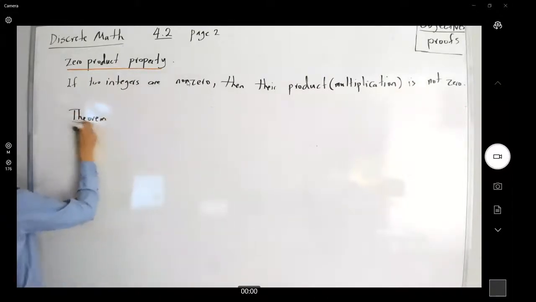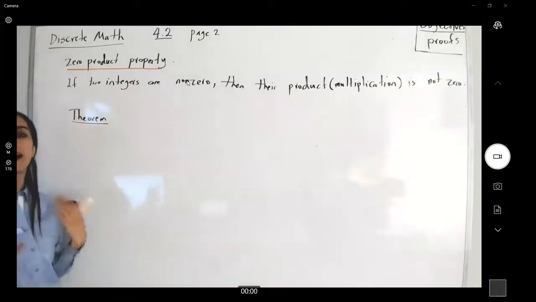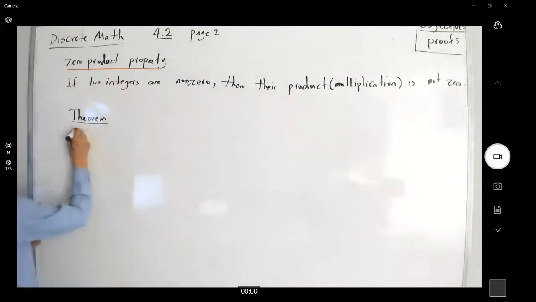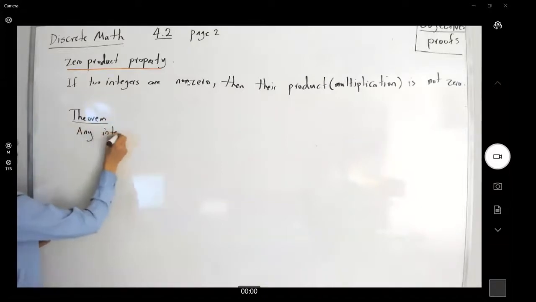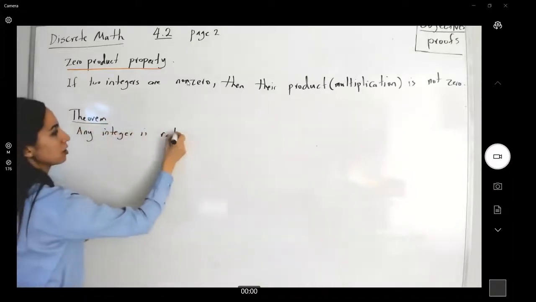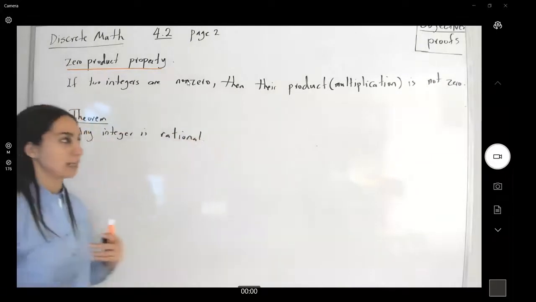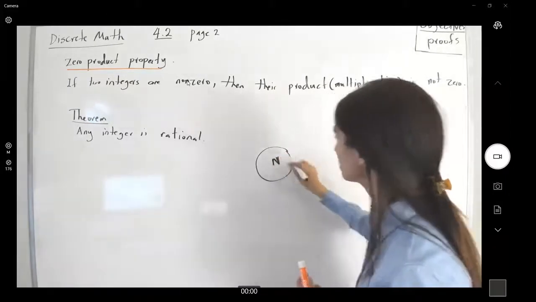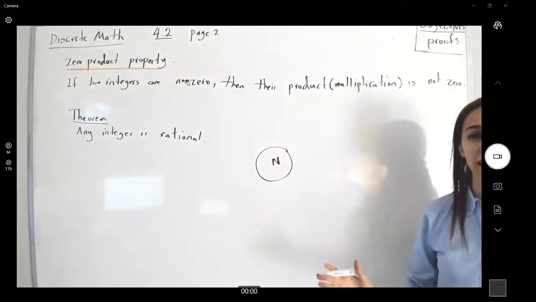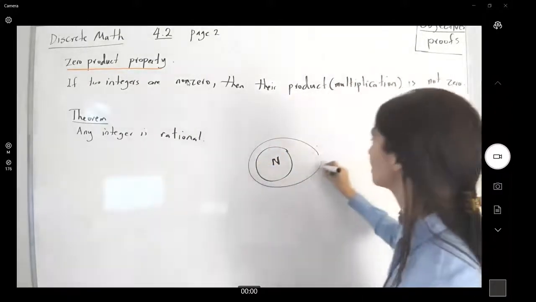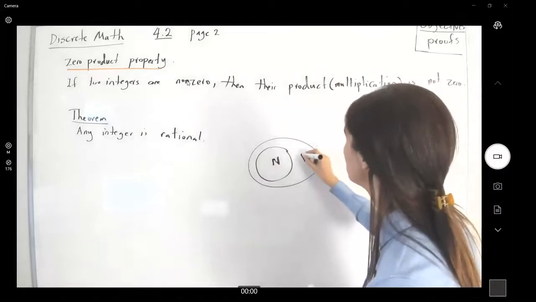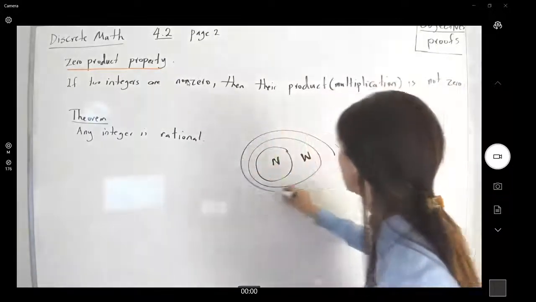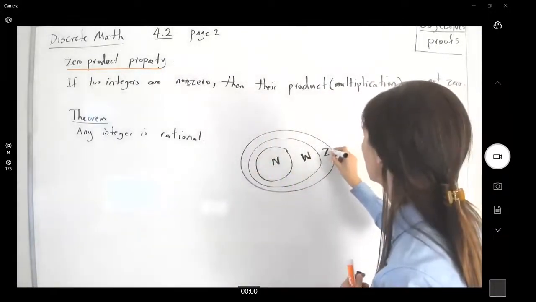Just noting these down: any integer is actually a rational number. In chapter 1, we mentioned that we start by having N as the natural number set, counting numbers, then we expand the idea by adding 0 and having the whole number system. Then, since we don't have negatives, we expand this into integers.